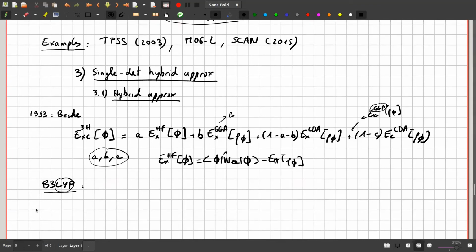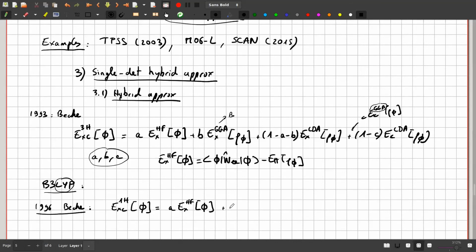In 1996, Becke proposed to simplify this expression, which I will call the one-parameter hybrid approximation. Again, it's within the generalized Kohn-Sham scheme, where you have a fraction of Hartree-Fock exchange. But then you don't do this combination of LDA and GGAs.